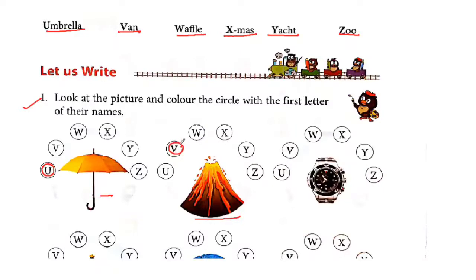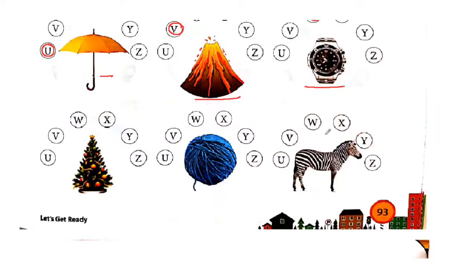Next, what is this? This is the picture of a volcano, and the first letter of volcano is V. V stands for volcano. What is this? This is a watch. So W stands for watch, W-A-T-C-H, watch. What's this? This is a Christmas tree. So Xmas.